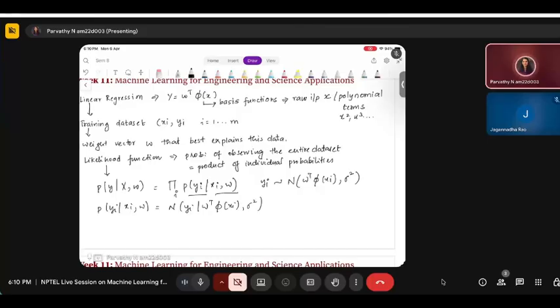Then we can express this as 1 by square root of 2 pi sigma square, e raised to minus (yi minus w transpose phi of xi) the whole square, divided by 2 sigma square.